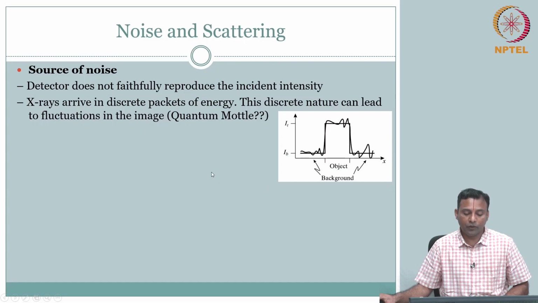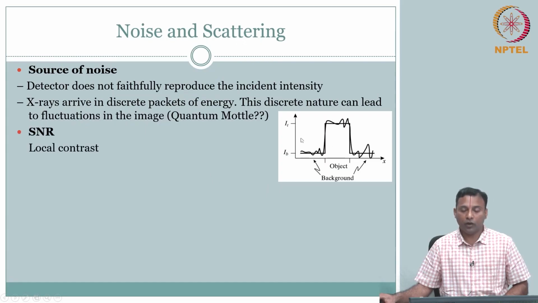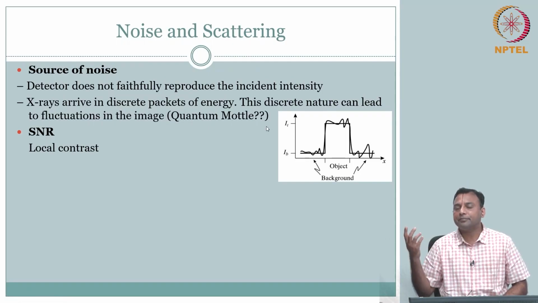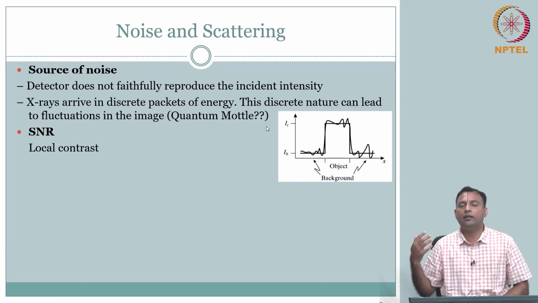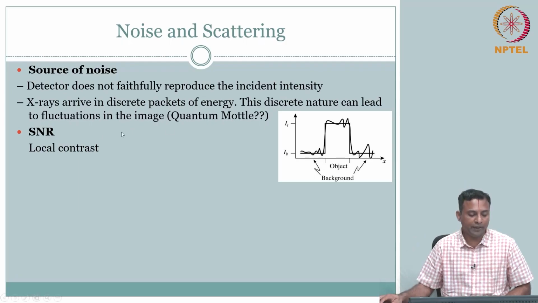So this is where I want you to be careful. Always when you talk about noise, you need to know what the noise is, but it is always in the context of signal that we are worried about the noise. So it is always the signal to noise ratio that will be analyzed.